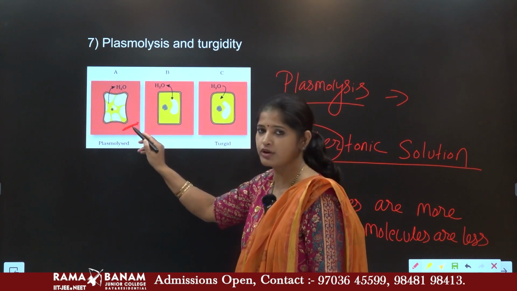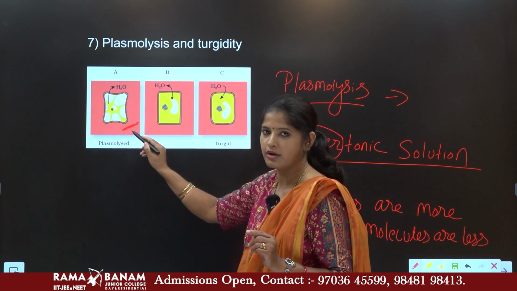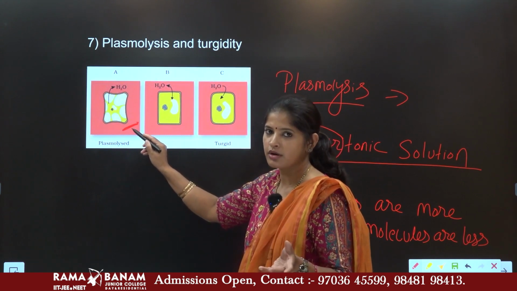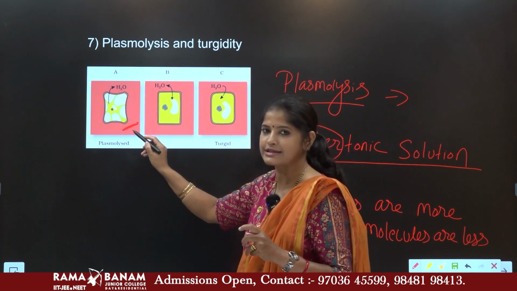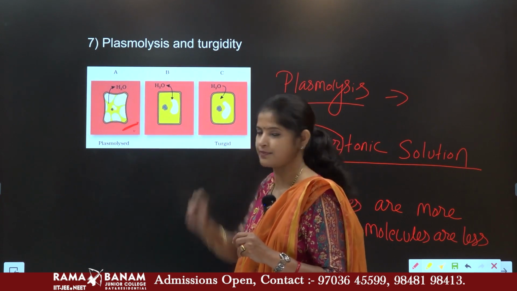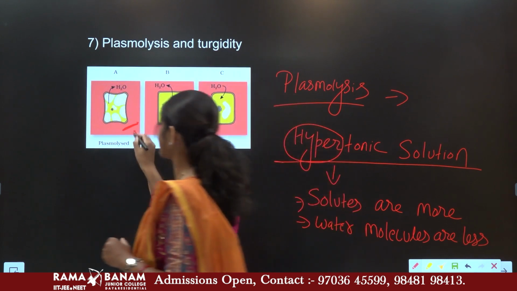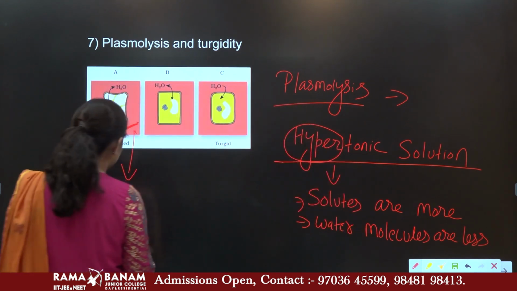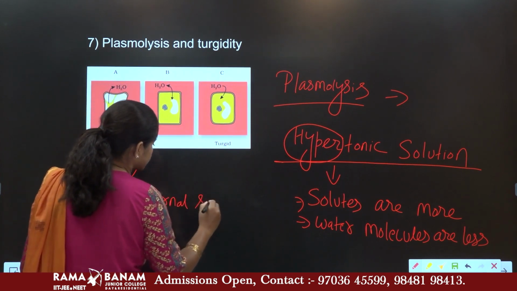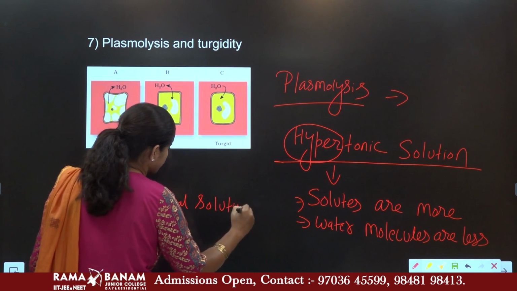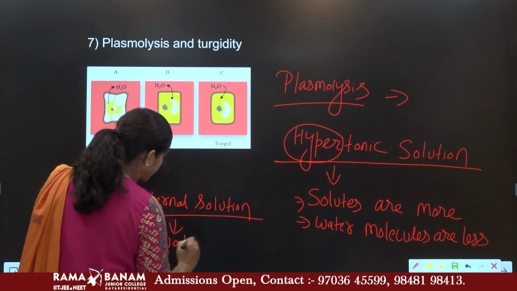In this hypertonic solution, solutes are more. If solutes are more, then automatically what is less? Water is less. So when water is less, this is the external solution. We are talking about the external solution.